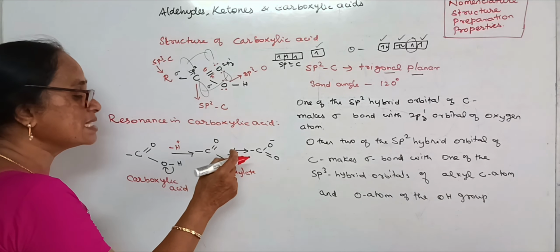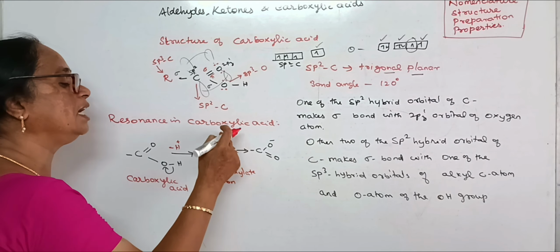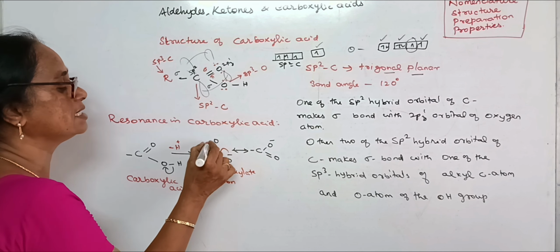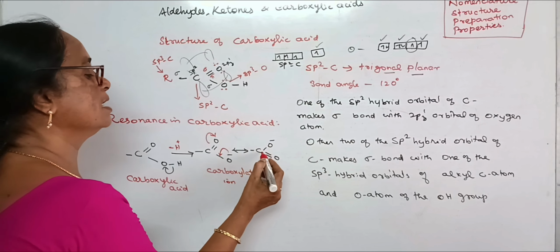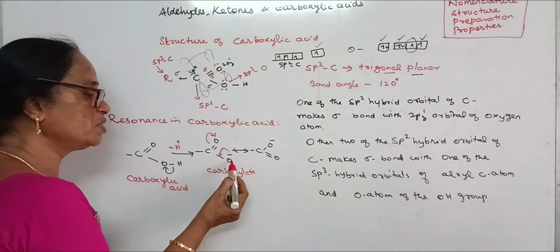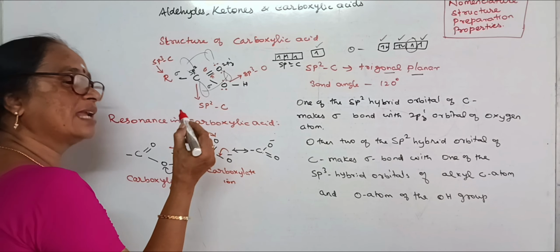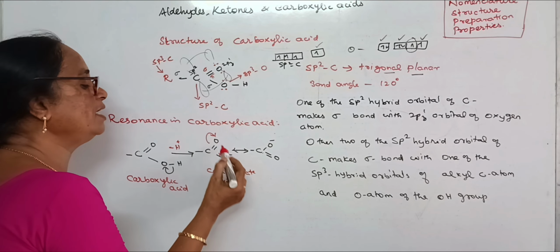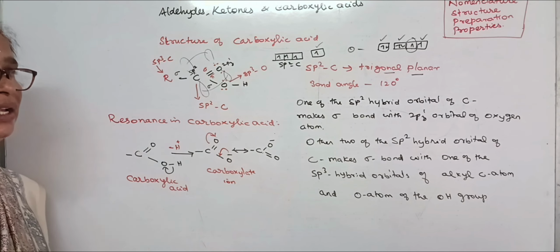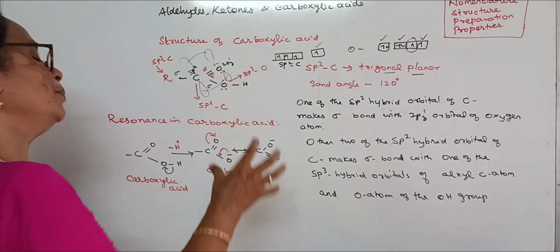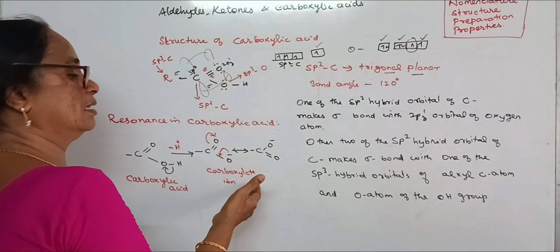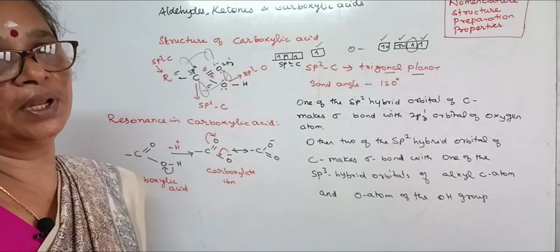This negative charge can be delocalized between these two oxygen atoms in such a way that we may find CO minus and a doubly bonded oxygen. So the negative charge of the carboxylate ion can be delocalized between the two oxygen atoms. So it gives rise to the resonating structures of carboxylic acid. Because of the resonating structures of the carboxylate ion, we say that the compounds are highly stable.